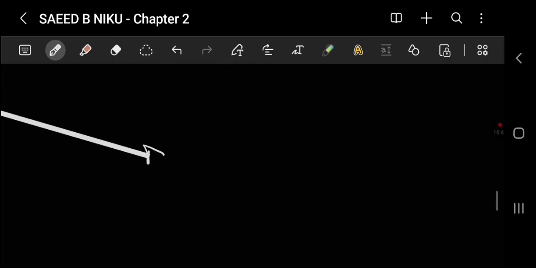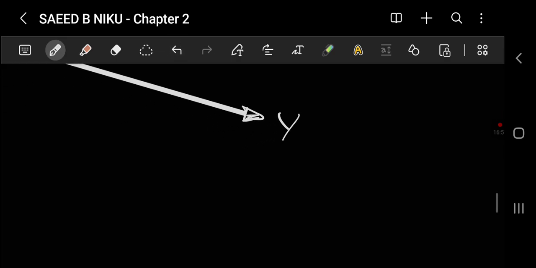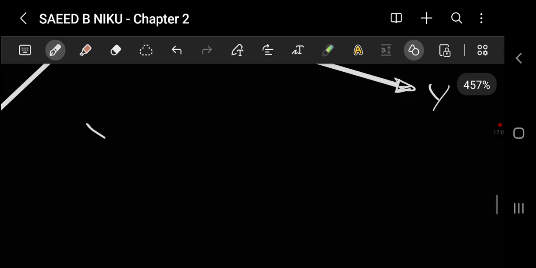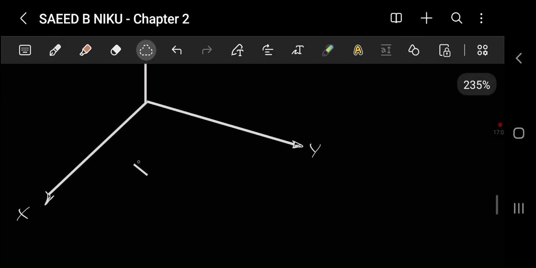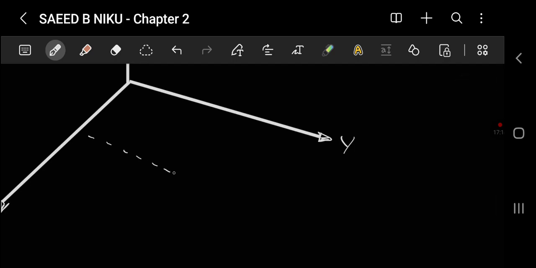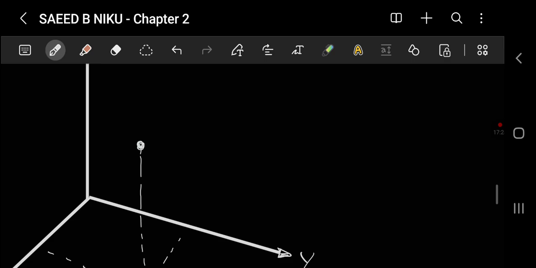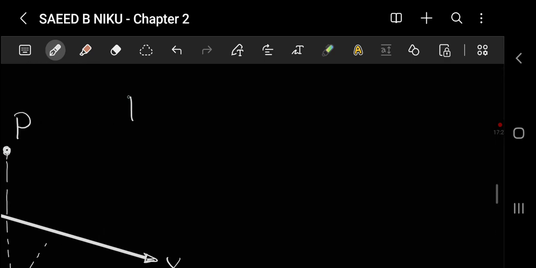So that is the z-axis, x-axis, y-axis, and now we have the components of vectors, and a point B in space.